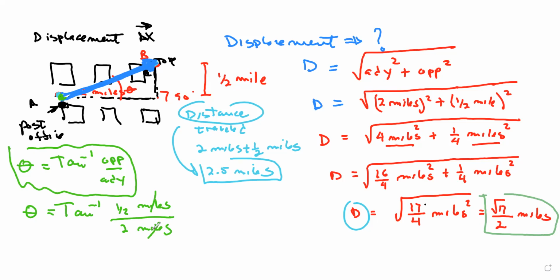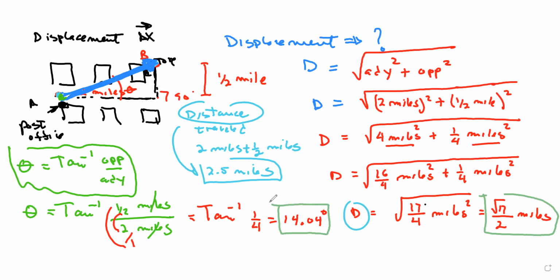So miles cancels with miles. The arctangent of 1/2 divided by 2 is 1/4, because 1 times 1 is 1 at the numerator, and 2 times 2 is 4. And this is going to give you 14.04 degrees. And that would be the direction of your vector.